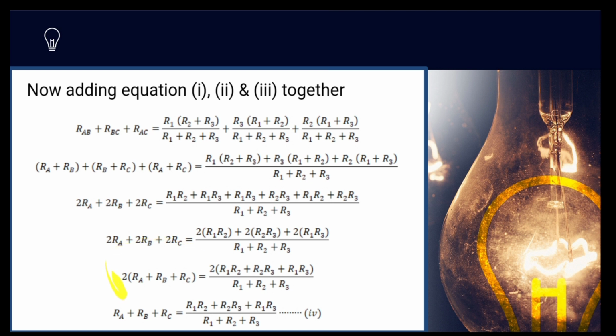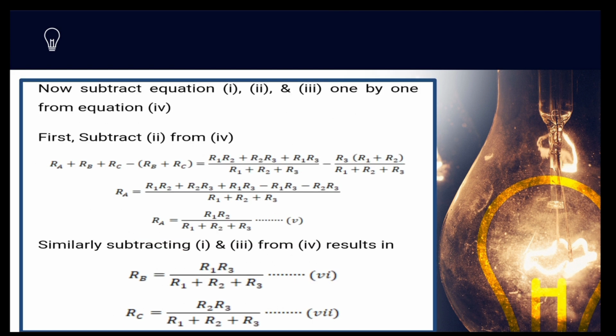Taking 2 common and cancelling, we get the final equation. Let's mark it equation 4: RA plus RB plus RC is equal to R1R2 plus R2R3 plus R1R3 by R1 plus R2 plus R3.